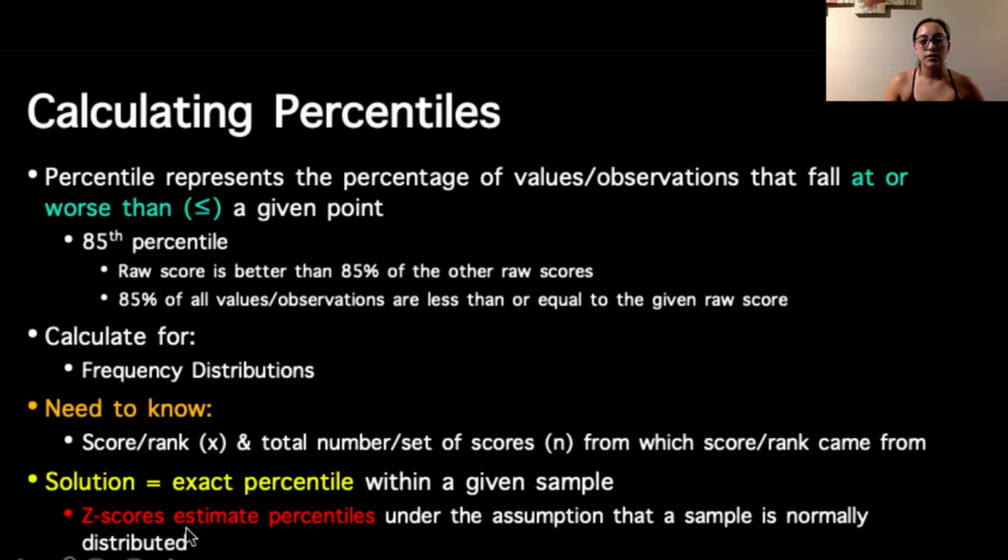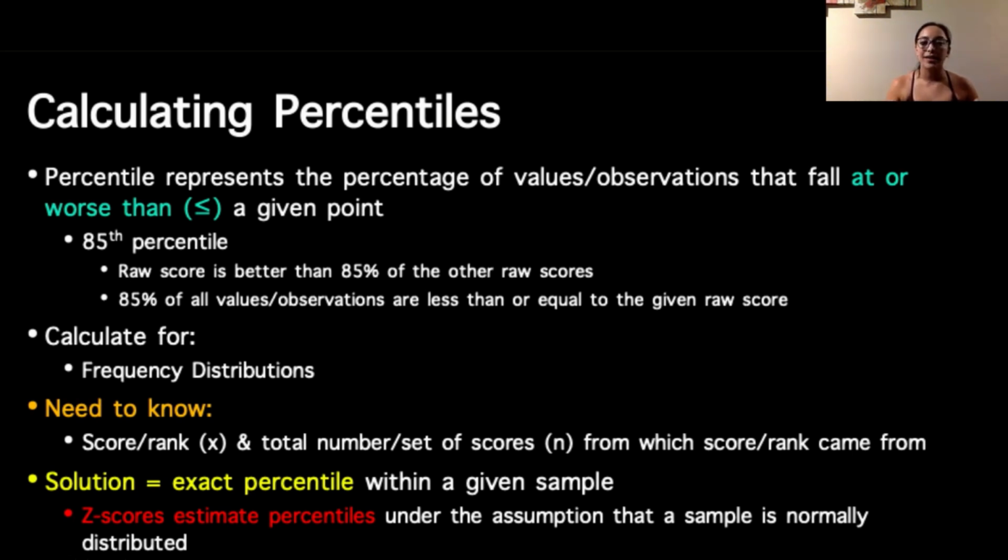Z-scores again are estimated percentiles because they are under the assumption that you have a normally distributed sample, right? So when we use z-scores, a normally distributed sample has 50% of the sample on one side of the distribution and 50% of the sample on the other side of the distribution.